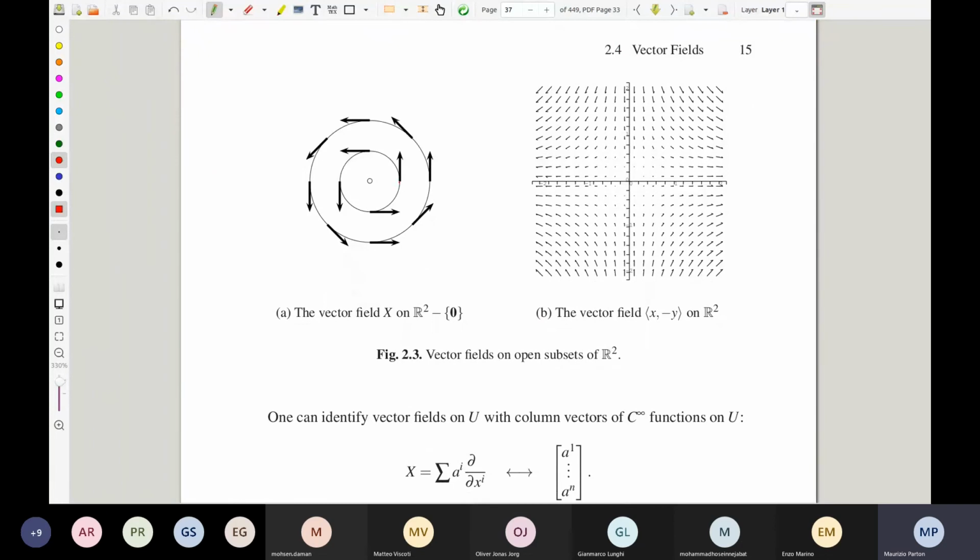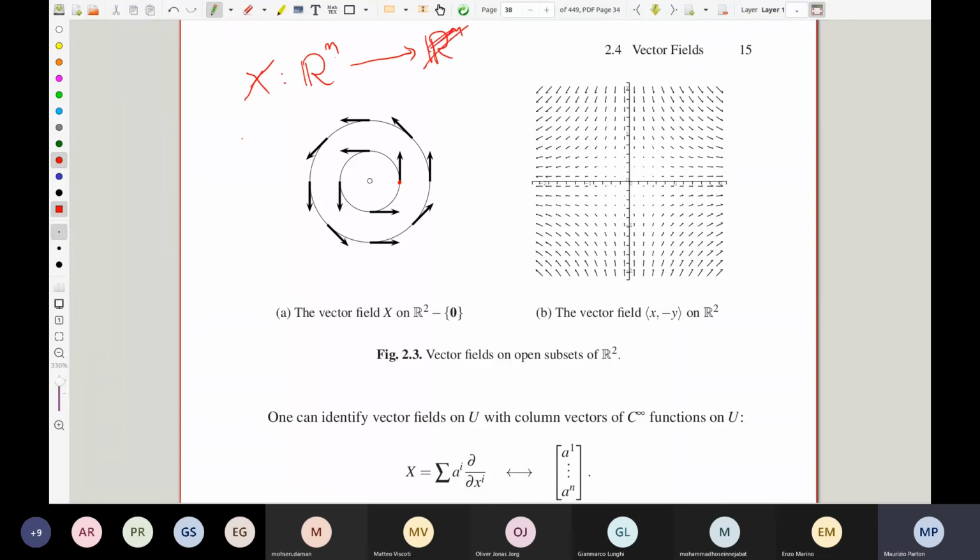A vector field is usually denoted this way by X. It is a function from Rn, giving for every point of Rn a tangent vector at that point. The tangent vectors in Rn are this way.